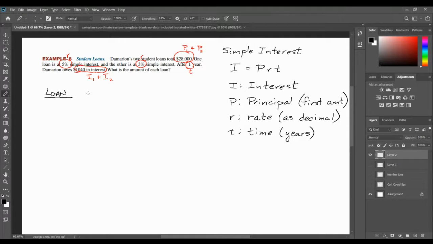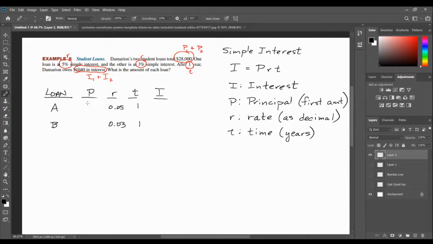We've got principal, we've got rate, we've got time, and I'm going to go ahead and put interest over here on the end. I'm going to say we've got loan A and loan B. The interest rate on loan A will be 5%, so I'm just going to convert that to a decimal. The other one is 3%. Time in both cases is 1 year.